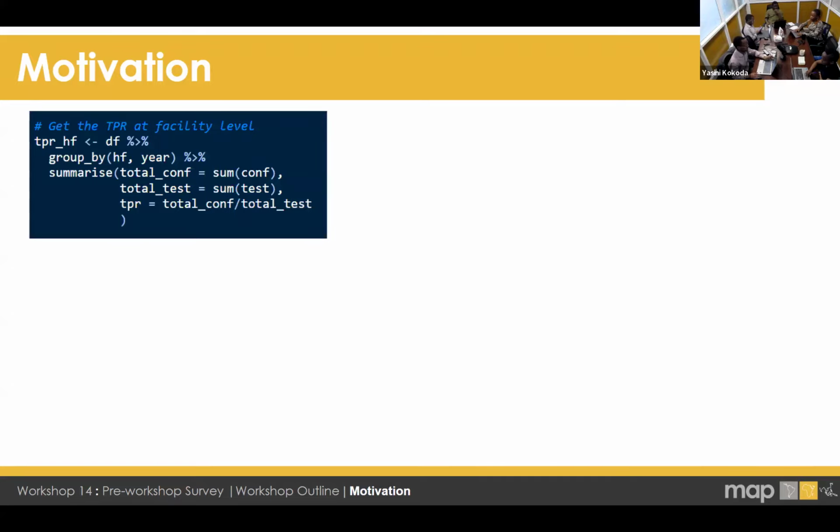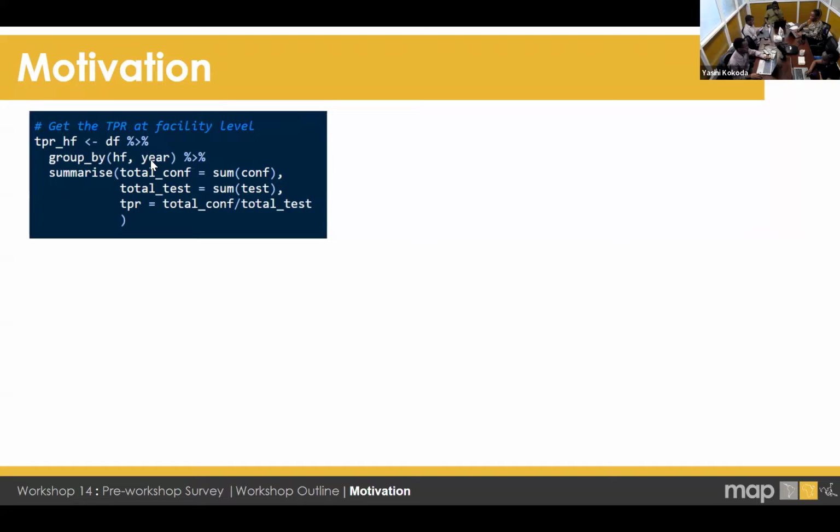So from the data frame you see, now imagine you are summarizing the TPR at facility level. And this metric, I forgot to mention, is usually calculated at a yearly frequency. The data was at monthly level.